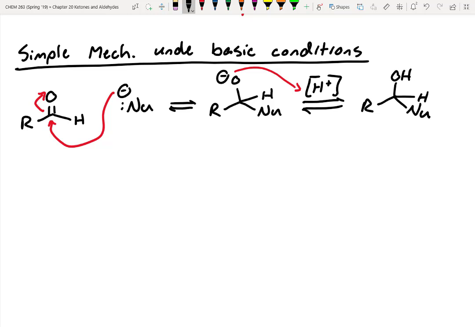So there we go. Pretty simple reactivity. The big thing to remember is you can't have any acid around in solution for that first step, but you can for the second step.